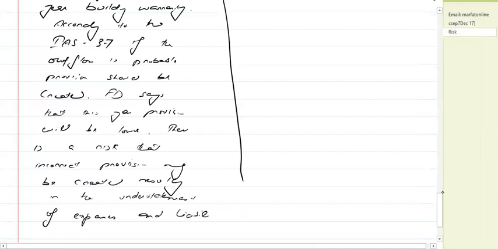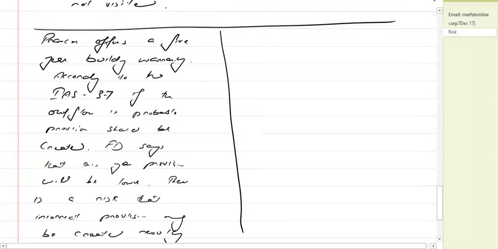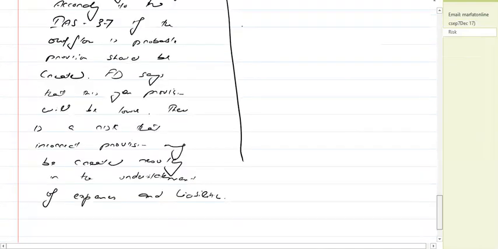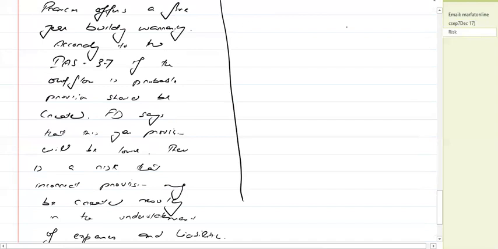Because there's nothing with the assets, because the entry of the provision is debit profit or loss, credit provisions. So if the provision is not created, then there will be an effect on the expenses and the liabilities. Every time you should not write the assets. This is something you should be careful about.